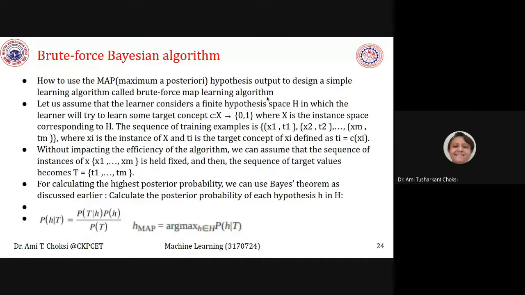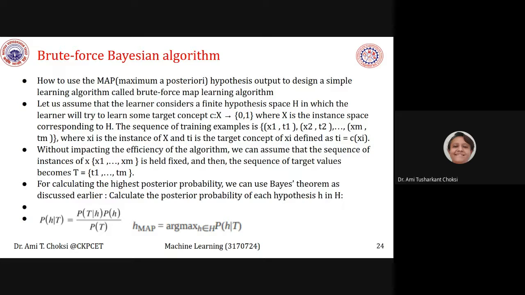Let us assume that the learner considers a finite hypothesis space H in which the learner will try to learn some target concept.